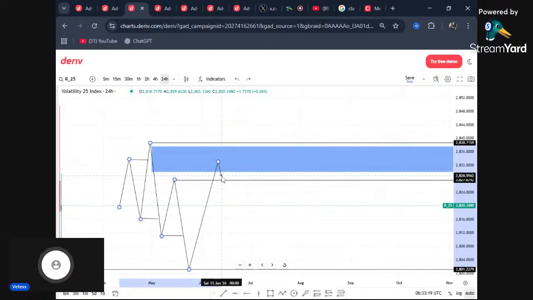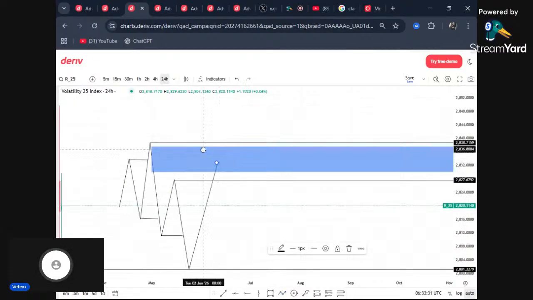Once price takes out this high here, the next thing for us to do is to wait for our continuation, which is going to be this.